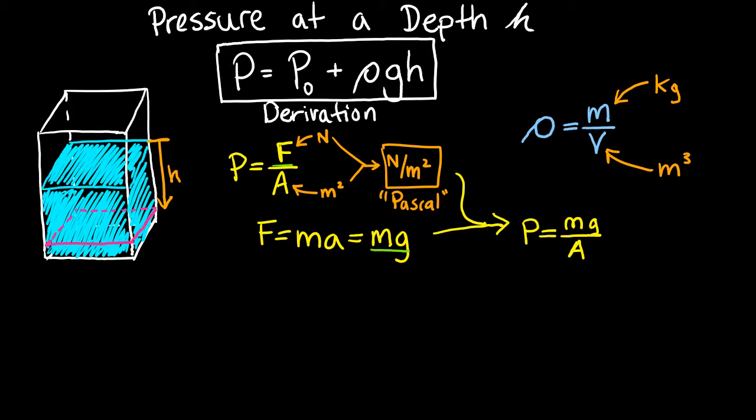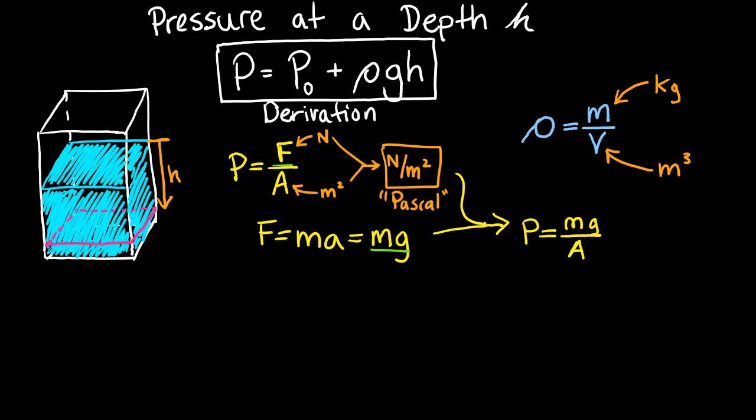Therefore, the derived SI unit for density would be kilograms per cubic meter. It is important when you're solving these equations to make sure that the density of your fluid, of your non-compressible fluid, which would be the liquid, is in kilograms per cubic meter and not grams per cubic centimeter or grams per milliliter.